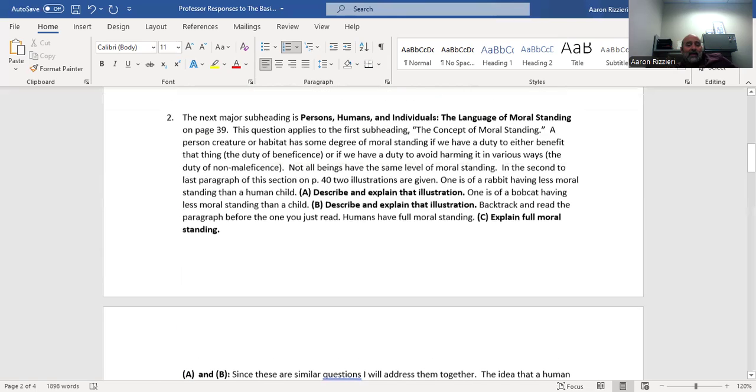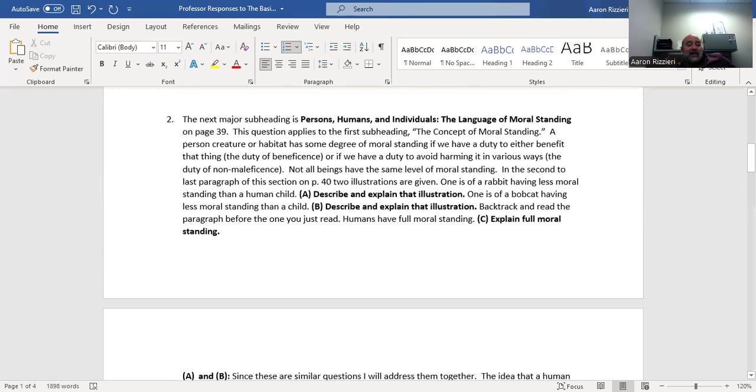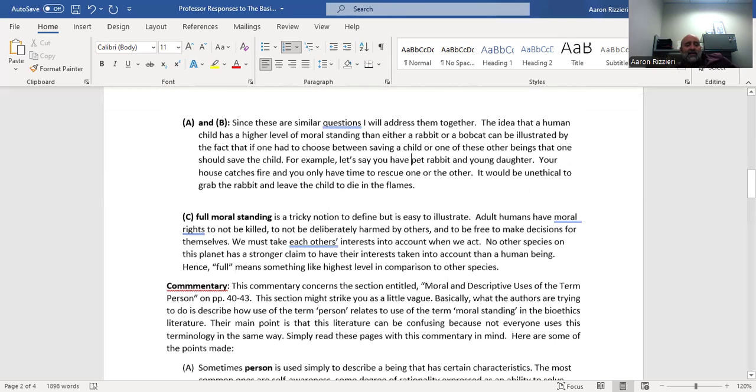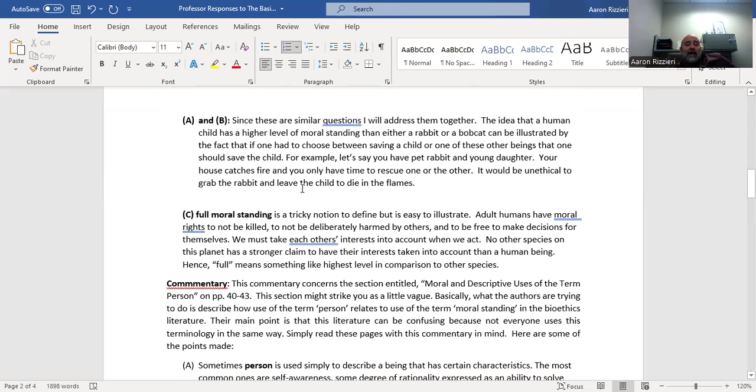All right. Now, question 2C says, just go ahead and explain full moral standing. This is actually a little tricky, so maybe I should have given you a little more guidance here. So here's what I wrote. Full moral standing is a tricky notion to define, but it's actually easy to illustrate.